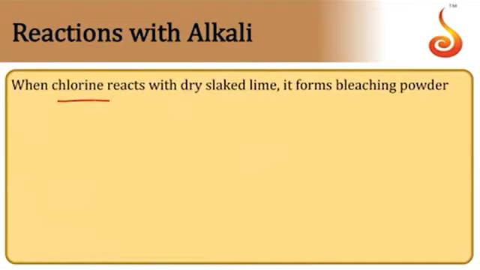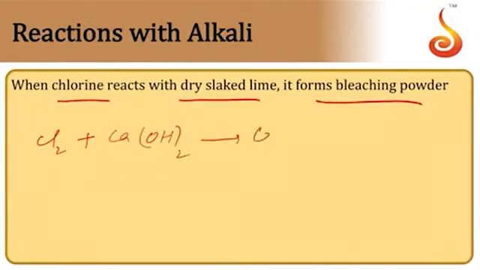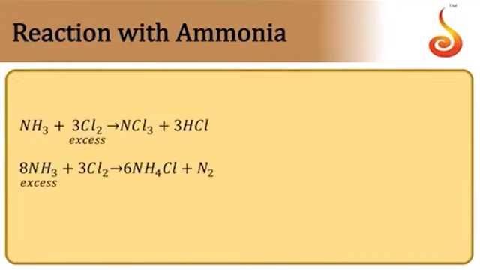Then when chlorine reacts with dry slaked lime, it forms bleaching powder. Chlorine plus calcium hydroxide gives CaOCl2·2H2O, which is nothing but bleaching powder. Then the reaction of chlorine with ammonia.